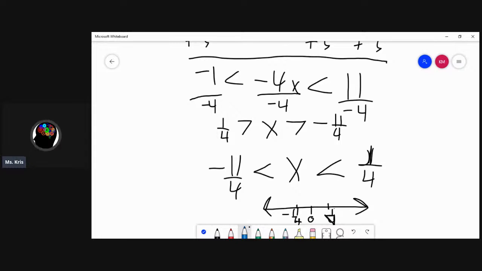And what I will do is draw open circles because they are not included. And I draw through the middle because those are included.